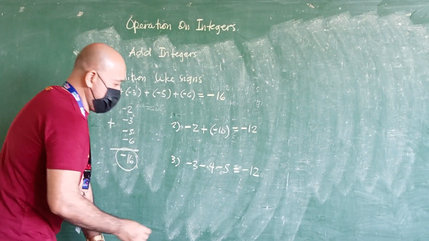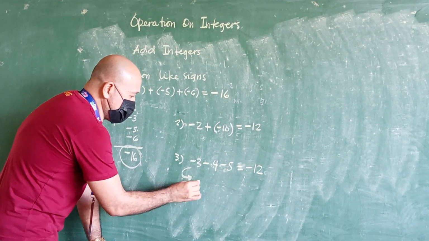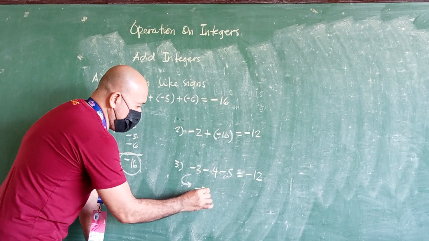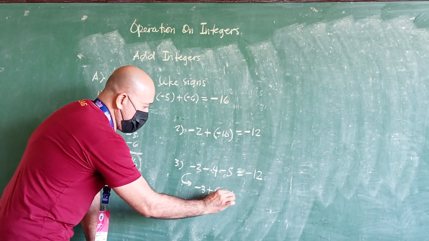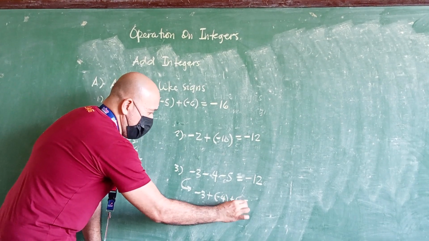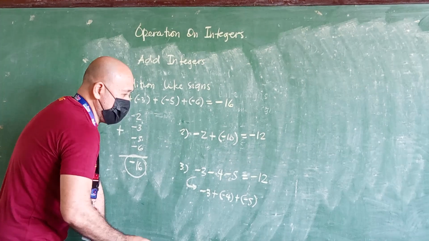Okay, so this is the actual process. You can rewrite this into negative 3, and then plus, this is negative 4, and then plus negative 5. So it becomes addition of the same sign.